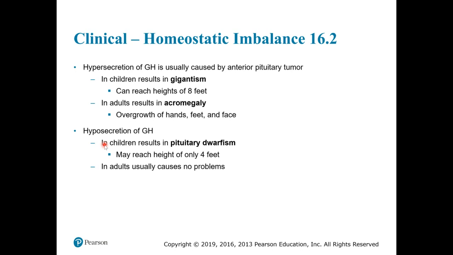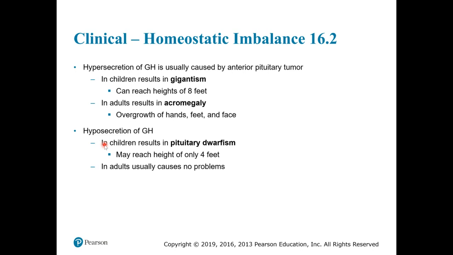He talks about his experience with the anterior pituitary tumor, which if they hadn't found it early and caught it, then he would have probably died. Gigantism. You get a large person. In adults, it results in acromegaly, where the hands, face, and feet get bigger. And Tony Robbins does have extra large hands and feet.